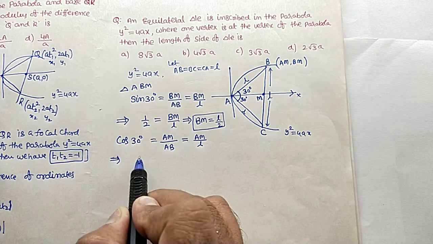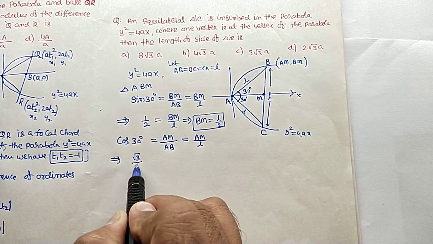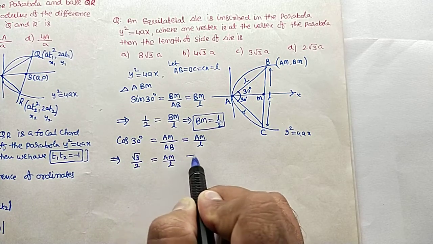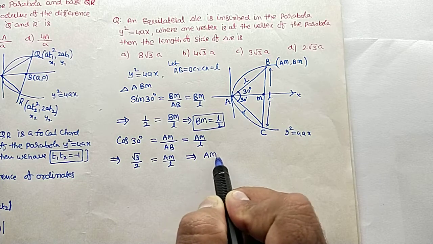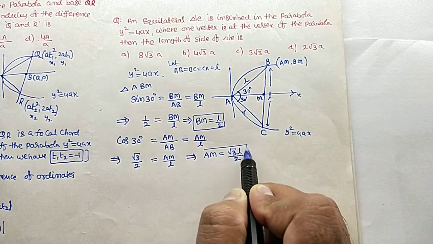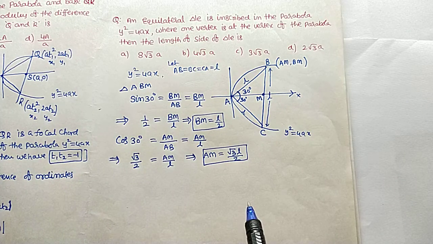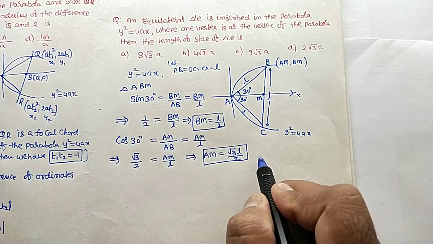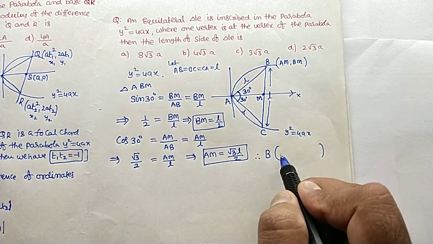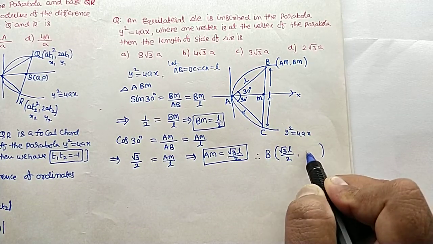So root 3 by 2 equals AM by L. From that, make AM the subject: AM equals root 3L divided by 2. After getting the values of AM and BM, the position of the point B becomes root 3L by 2 comma L by 2.